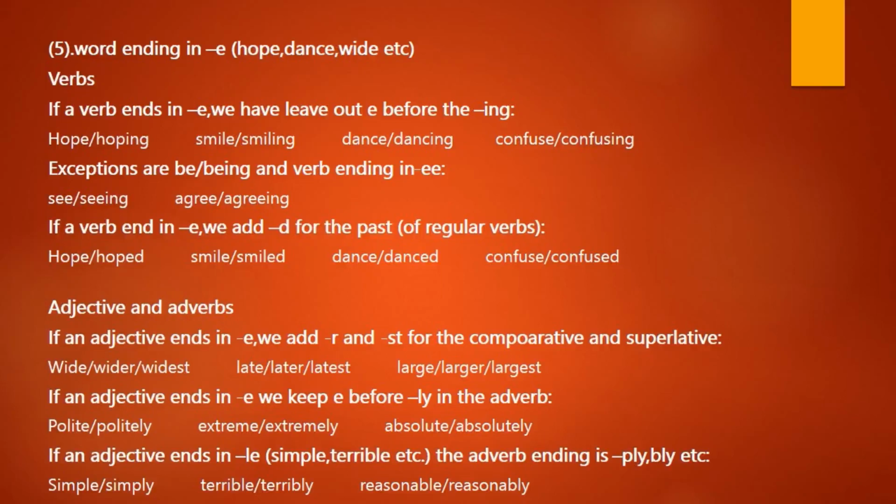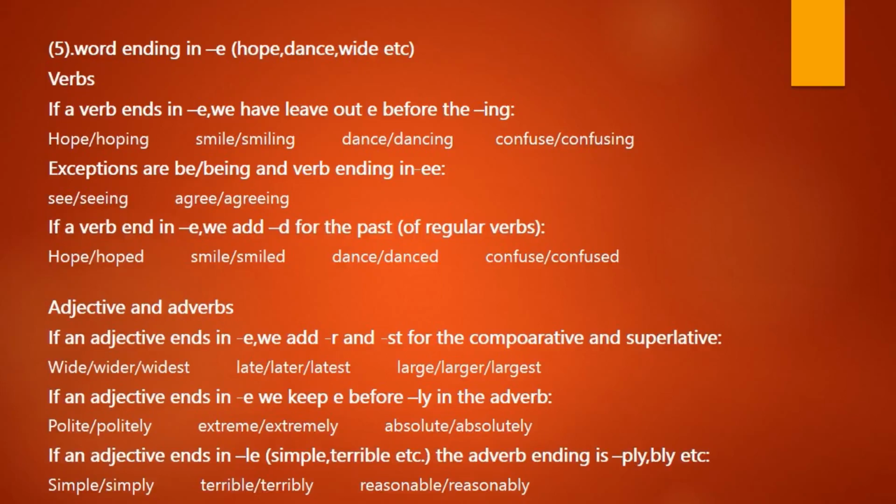If a verb ends in e, we add d for the past of regular verbs. Example: hope, hoped, smile, smiled, dance, danced, confuse, confused. Here adjectives and adverbs: if an adjective ends in e, we add r and st for the comparative and superlative.